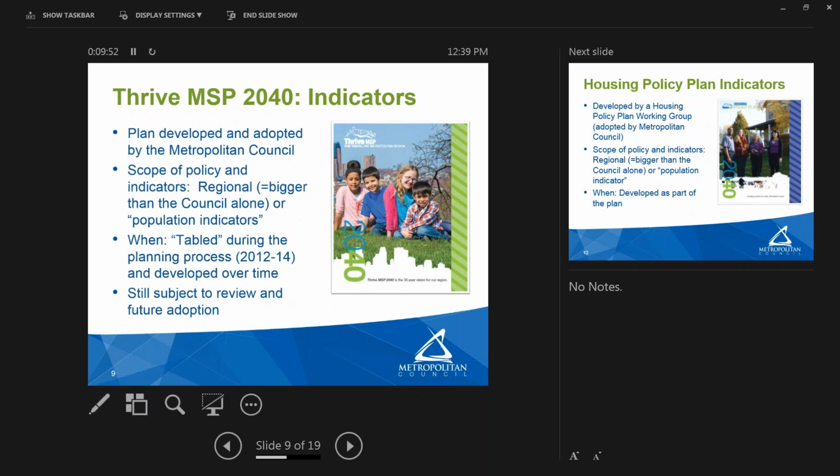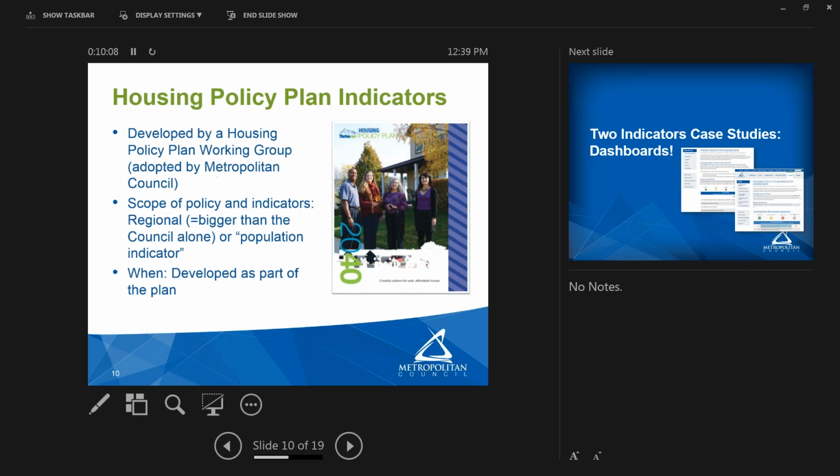And one of the sources of tension has been that the council can't control a regional indicator. So for those who seek results-based accountability, these are intentionally population indicators, but that has been a source of tension in these conversations.